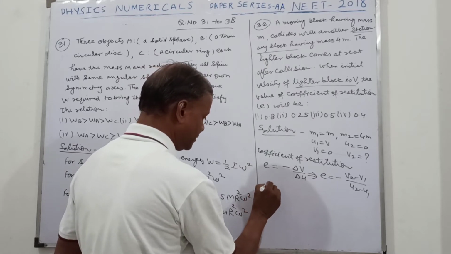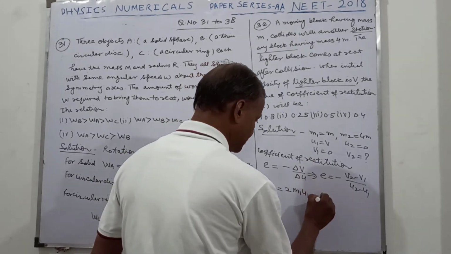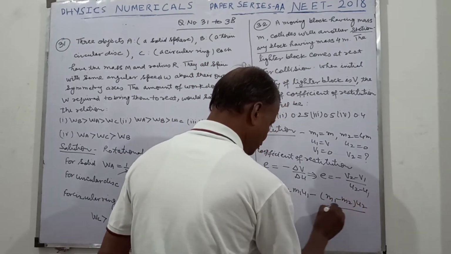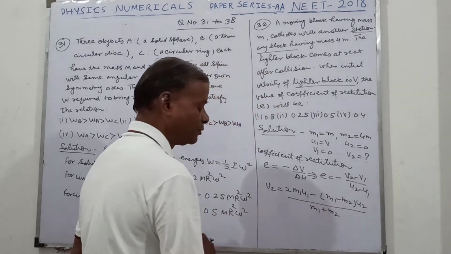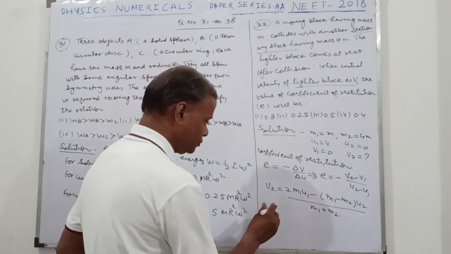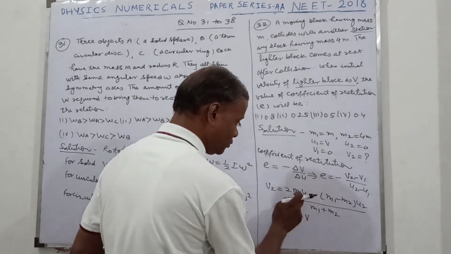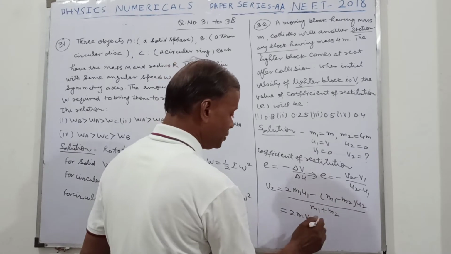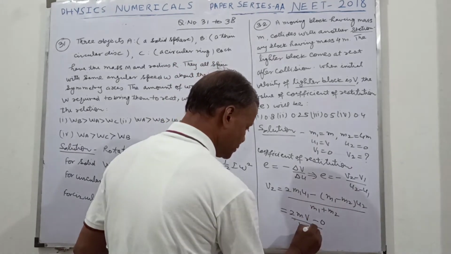So first we find V2 is equal to (2 M1 U1 minus (M1 minus M2) into U2) upon (M1 plus M2). This is the formula for the velocity of the second block. Here M1 is M, M2 is 4M, U1 is equal to V, and U2 is equal to 0, so this is 0 upon M plus 4M.